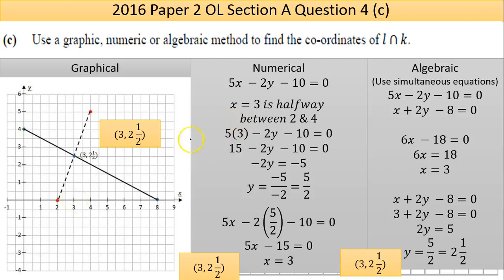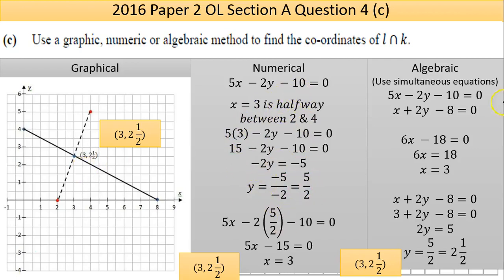This wouldn't be my preferred method, and right now I'm having trouble figuring it out, but what I'm basically doing is taking the original 2 points on L and getting the halfway point between them, I suppose the midpoint, which is 3, putting it into my equation that I found for L, and getting the y value. And it just works out that it's 3 and 2.5. Now, to be honest, I would never think of doing it that way.